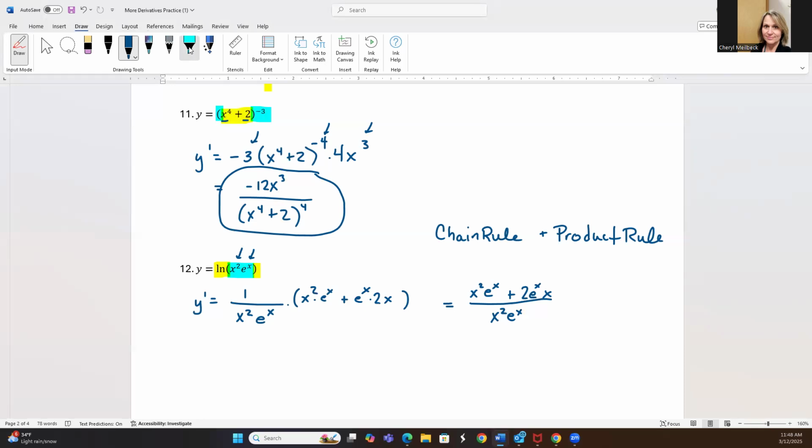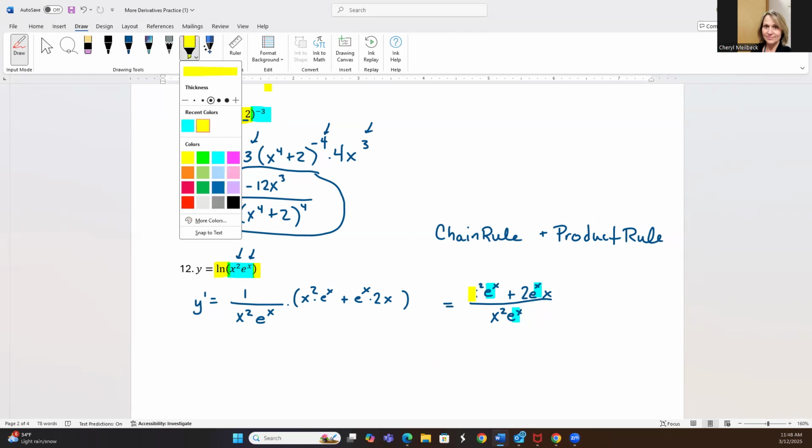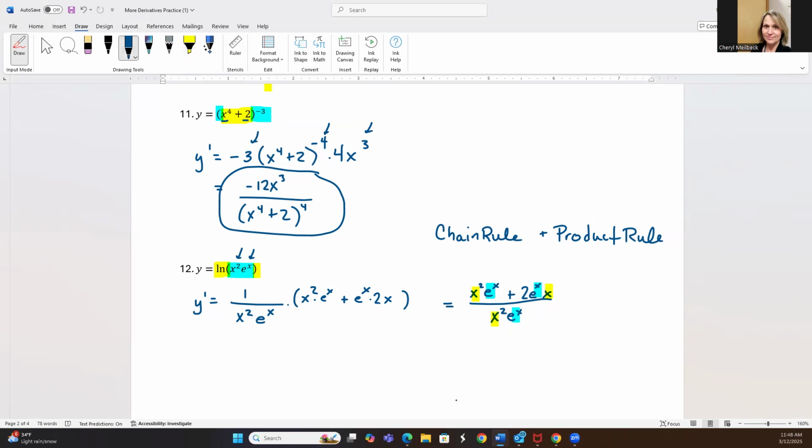Now I notice both of my terms in my numerator have an e to the x in them, and there's an e to the x in the denominator. So we can simplify this fraction. Both of these terms also have an x in them, so we're going to be able to simplify the x parts also. So from these two terms, I'm going to factor out that e to the x and an x to the first power. If I do that, from my first term it'll only have one x left.